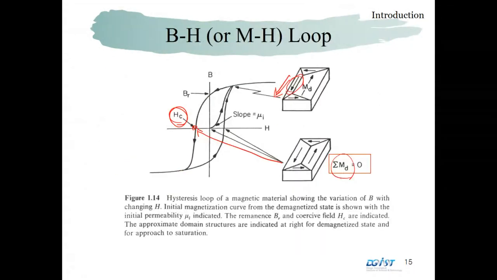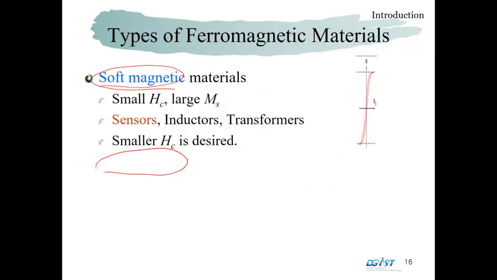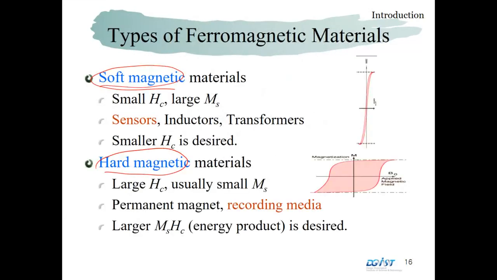Okay. So now I just briefly explained this MH loop. We'll learn it again, so don't be afraid about this. And if we categorize the material into two types, soft and hard, as I'm explaining. In a soft material, we need a very small field to reverse the magnetism direction. So that's the meaning of the small HC.